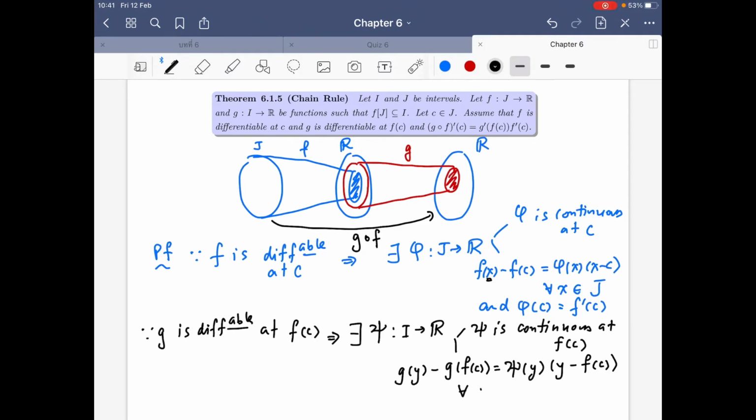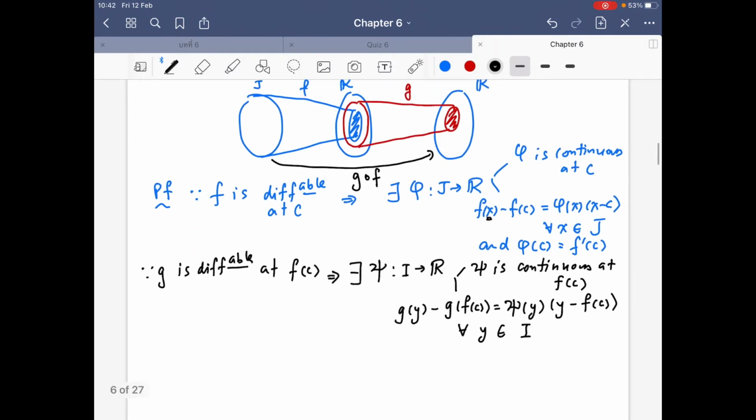Of course, this is for all y in I. And don't forget that psi at the point of differentiability is the same as g prime at this point.